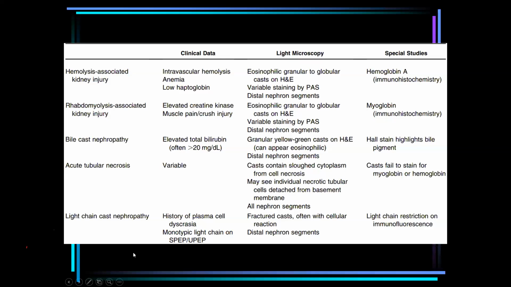For example, we may find a hemoglobin cast resulting in occlusion of the renal tubular lumen and acute tubular injury in several conditions associated with hemolysis.